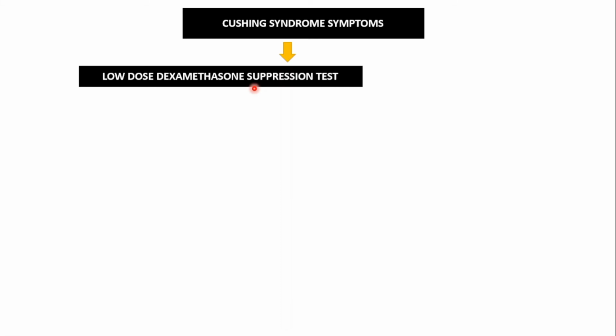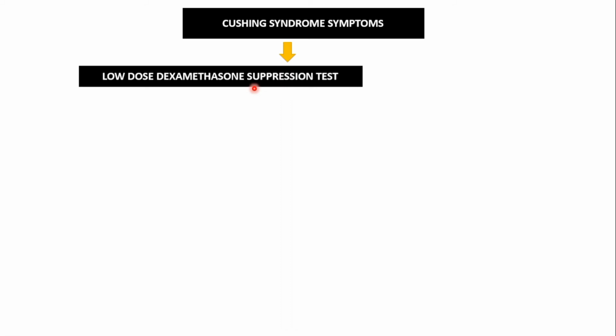In the morning, the cortisol level should be high, but when you give a low dose of dexamethasone, that is a steroid, this steroid goes to the pituitary and decreases the production of ACTH. If ACTH is decreased, then there will be decreased production of cortisol. So when you check the level of cortisol in the morning, it would be decreased.